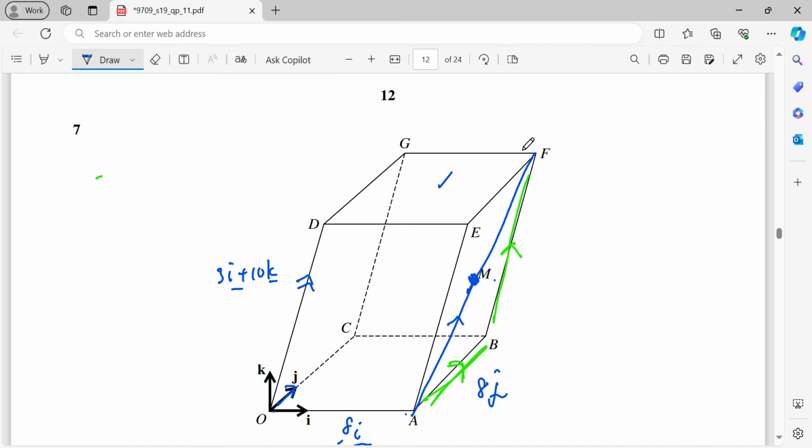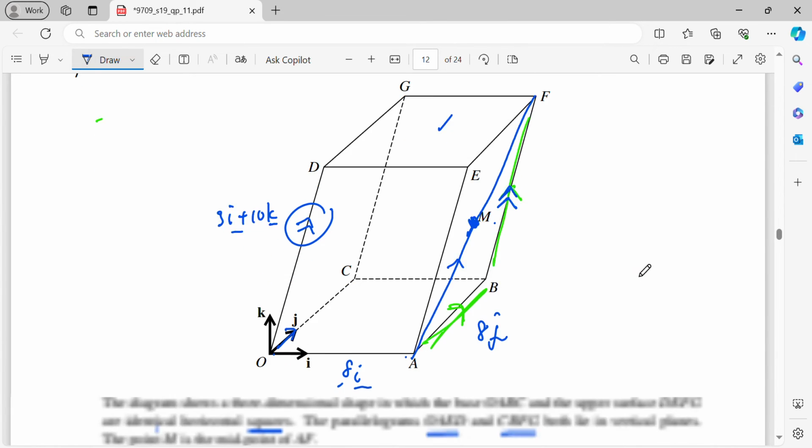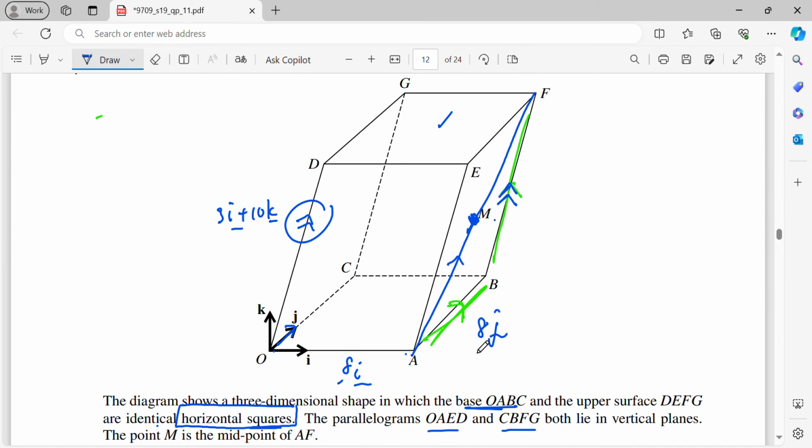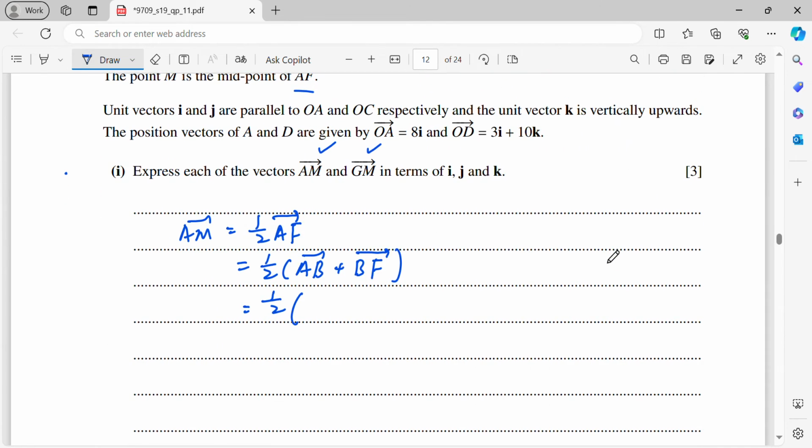Okay? And then what is my BF? You see the BF here is actually parallel to OD. Okay? So then I will just write AB is same as hj. So here hj.